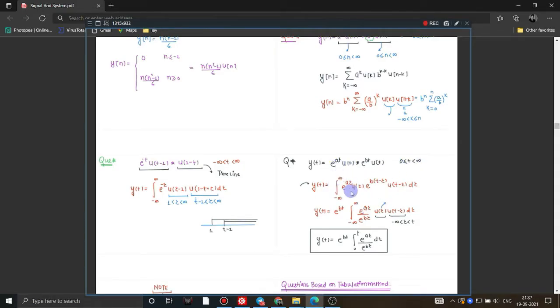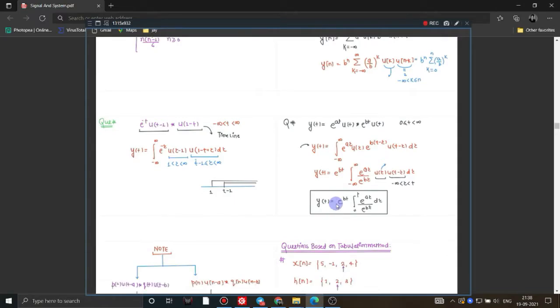So we simply write the basic formula, that is, the integral from minus infinity to infinity of e power a tau u(tau) e power b(t minus tau) u(t minus tau) d tau. Now this e power bt, see my cursor, we take it out, it is constant. Now for this minus term, we can write e power a tau divided by e power b tau, and this u(tau) and u(t minus tau) multiplied.